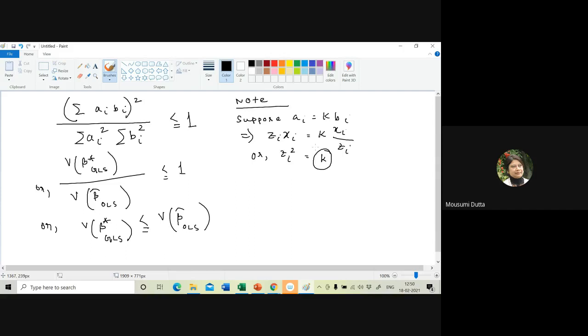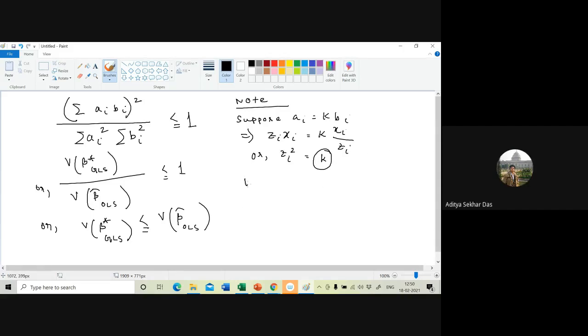Okay. Now what we assumed, what was our assumption regarding variance of Ui? What was the formula we used?